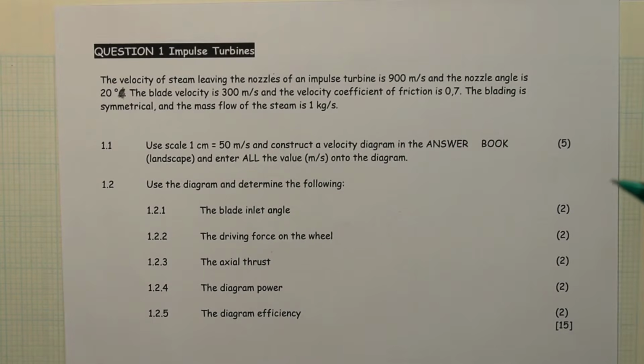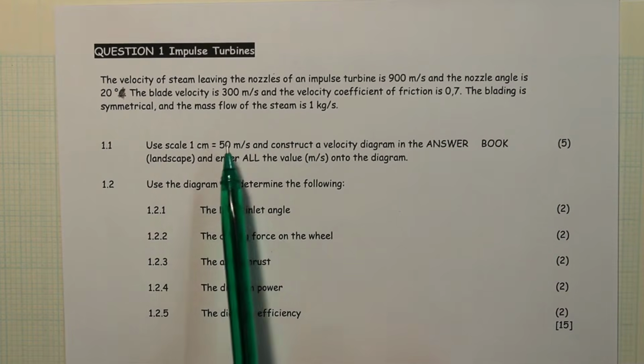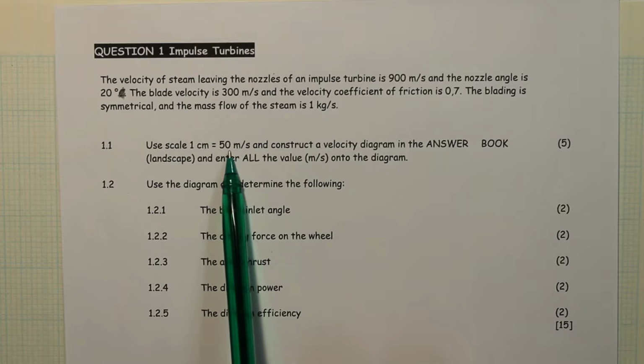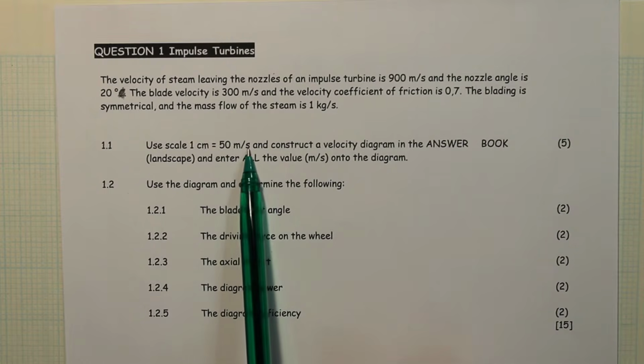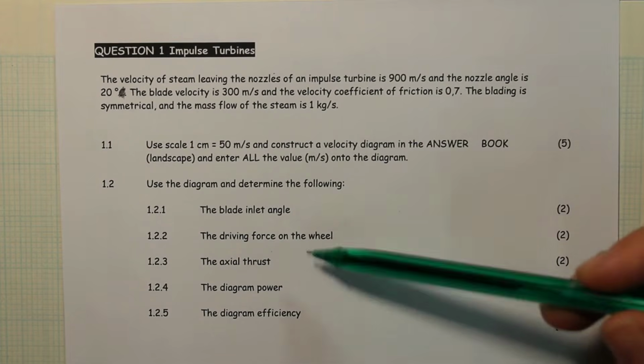And then they say the mass flow of the steam is 1 kilogram per second. Then, very important before we begin, the scale. They give us the scale, which is great: 1 centimeter equals 50 meters per second. So we need to use that scale.